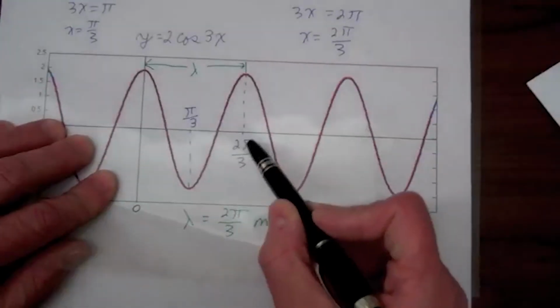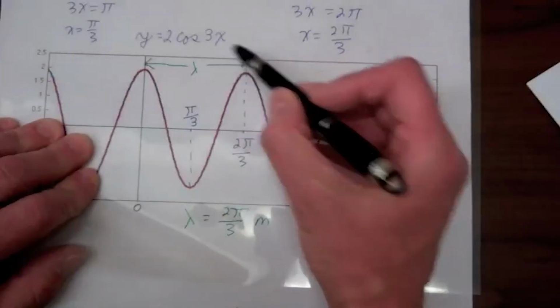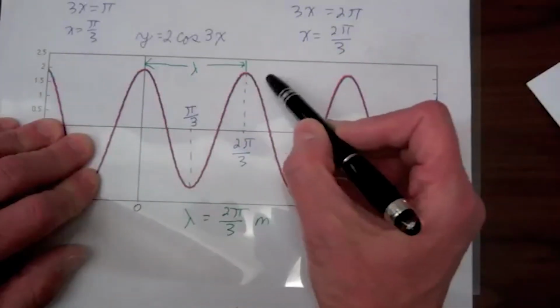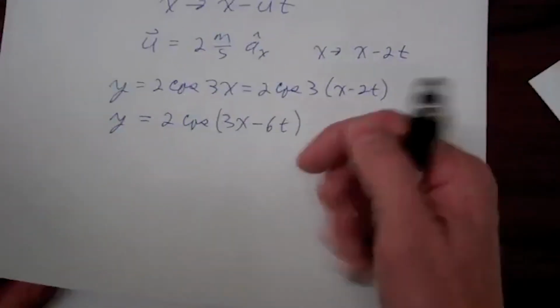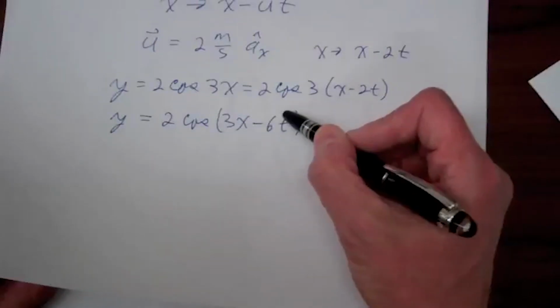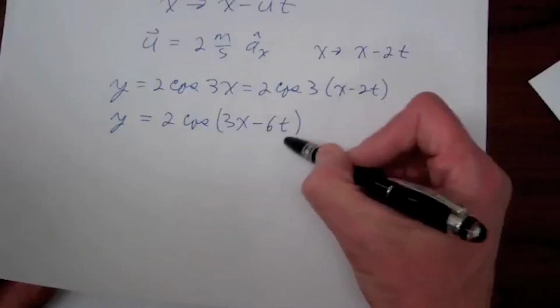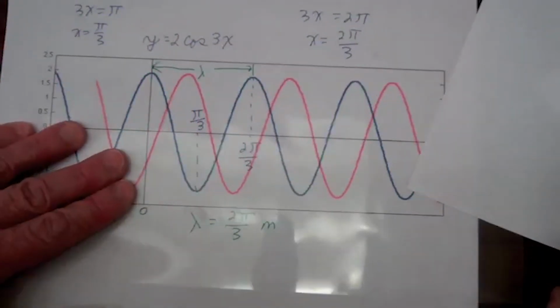So as time increases, in order for the argument of the cosine function to remain 2 pi, x must increase. In other words, if time goes up, 6t is increasing, so in order for this argument to remain 2 pi, x must increase, and so the whole wave is moving to the right.